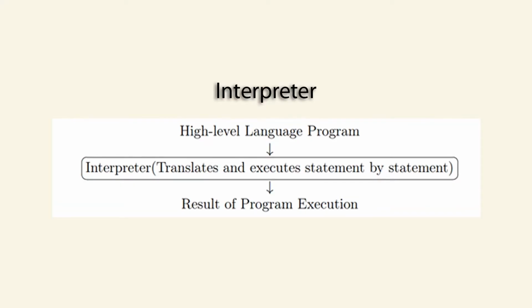Interpreter. An interpreter is a computer program that directly executes, that is, it performs instructions written in a programming or scripting language. Interpreters do not require the program to be previously compiled into a machine language program. An interpreter translates high-level instructions into an intermediate form which is then executed immediately.